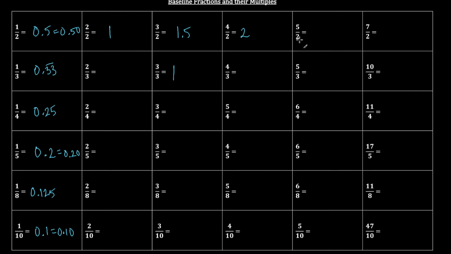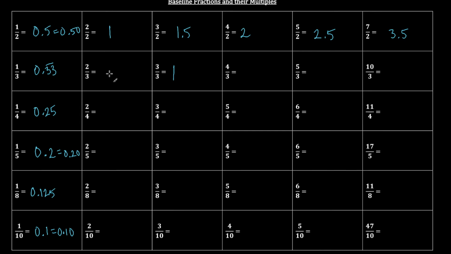And then 5/2. 5 times 5 is 25, so 2.5. 7/2. So 7 times 5 is 35, but it's not 35 though, because you've got to have that decimal. 3.5. You can always count up if you need to. I'm just getting you to practice a little bit more.